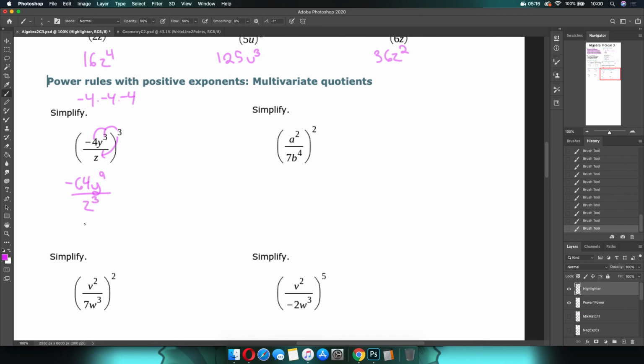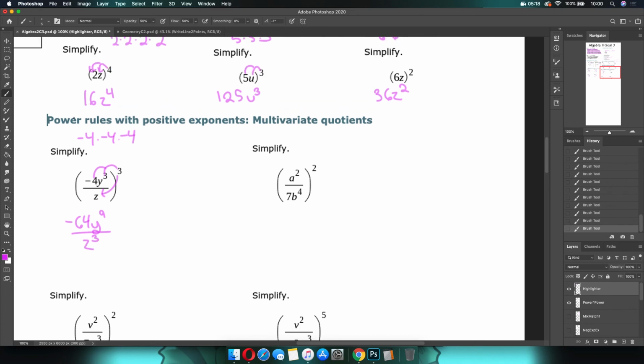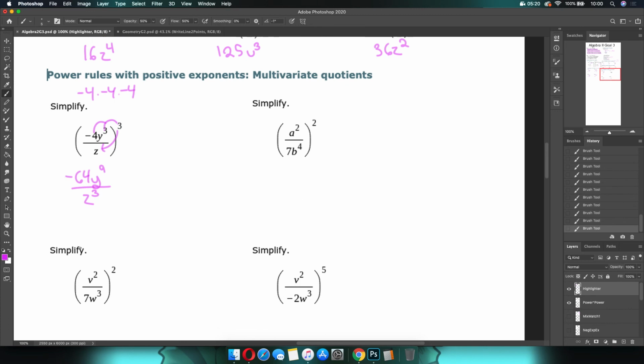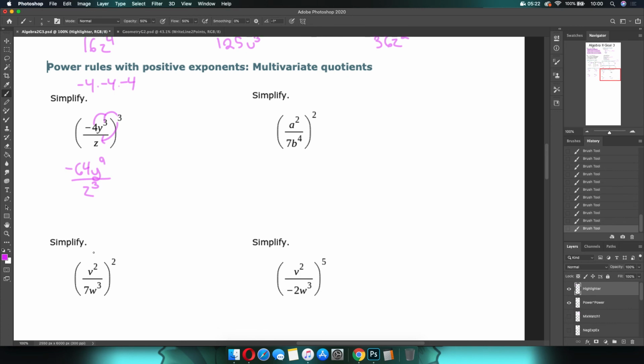So even though visually it's a lot messier than some of the stuff up here, you're still doing the same thing. They're just getting you used to it and slowly ticking up the difficulty curve. So a to the 2 times 2 is a to the 4th. 7 squared is 49, and then b to the 2 times 4 is b to the 8th. All right?